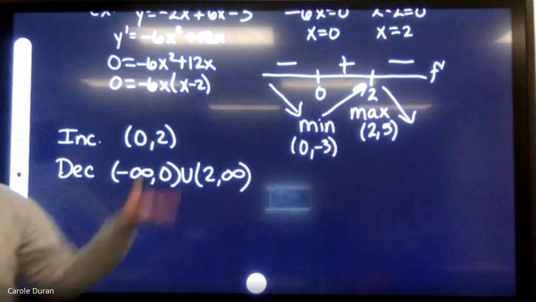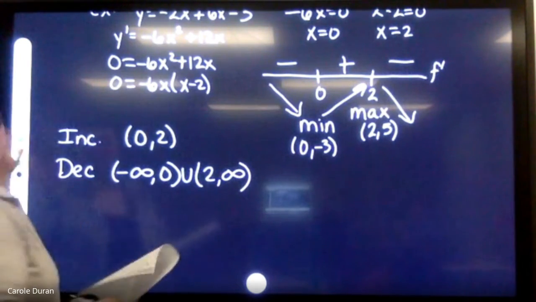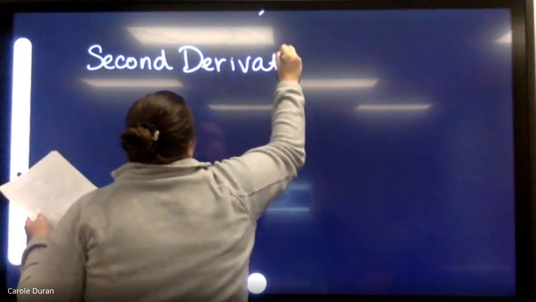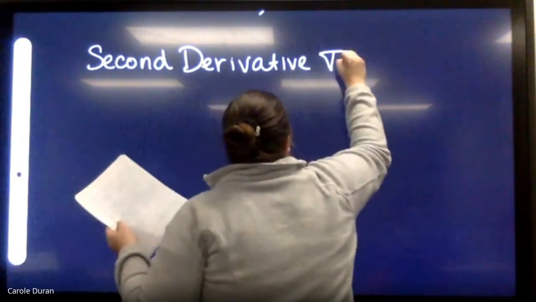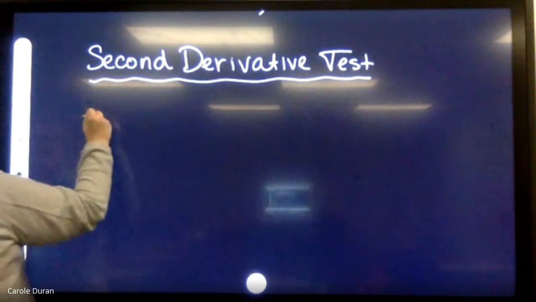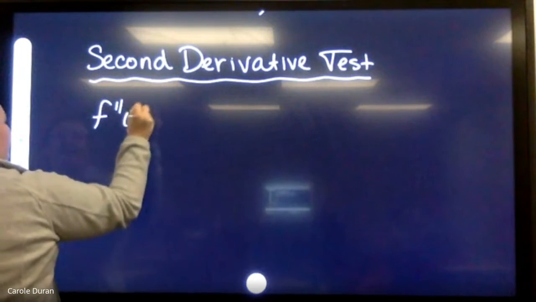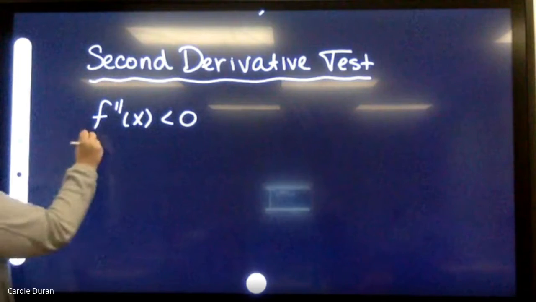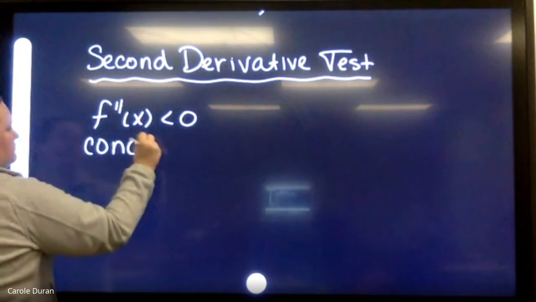It's literally the same process, but with the second derivative. Nothing super crazy. Our second derivative test tells me that if I get a second derivative that is less than 0, then that interval is concave down.